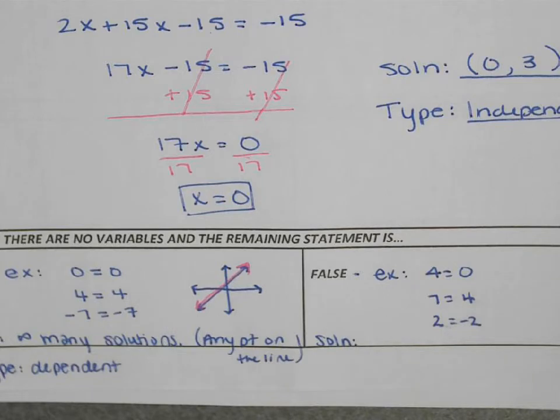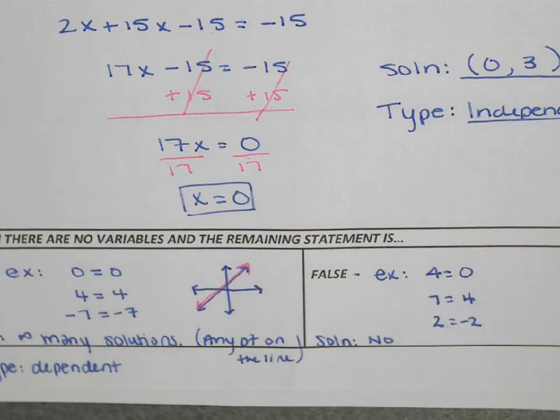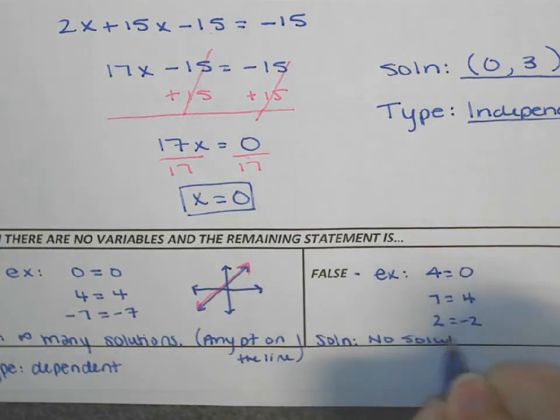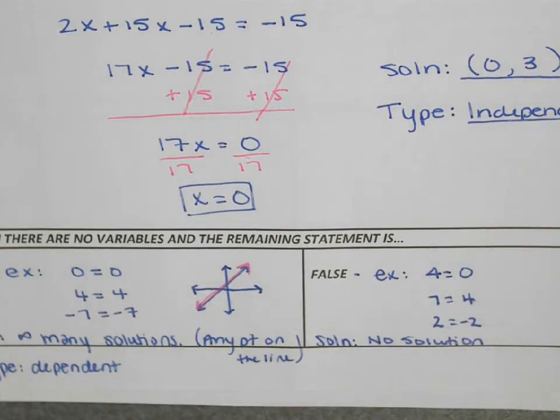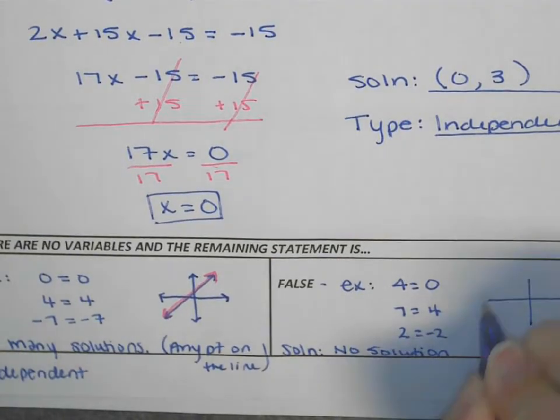It's not many solutions. It's no solution. Because if it was 1, we would have found what x was. But x disappeared or y disappeared. And so we can't even find any variables. And this time, it's not because there's many. There are no solutions. What does your graph look like when you have no solution?